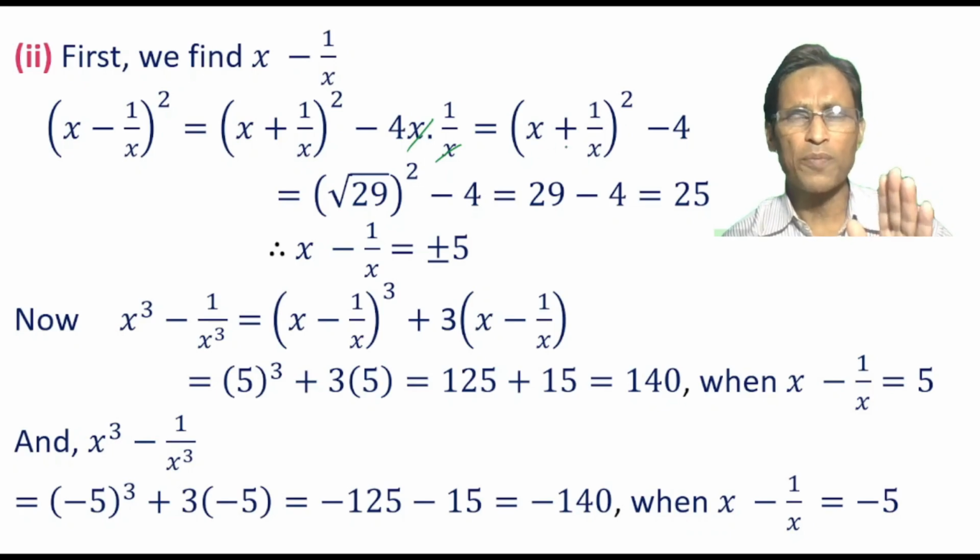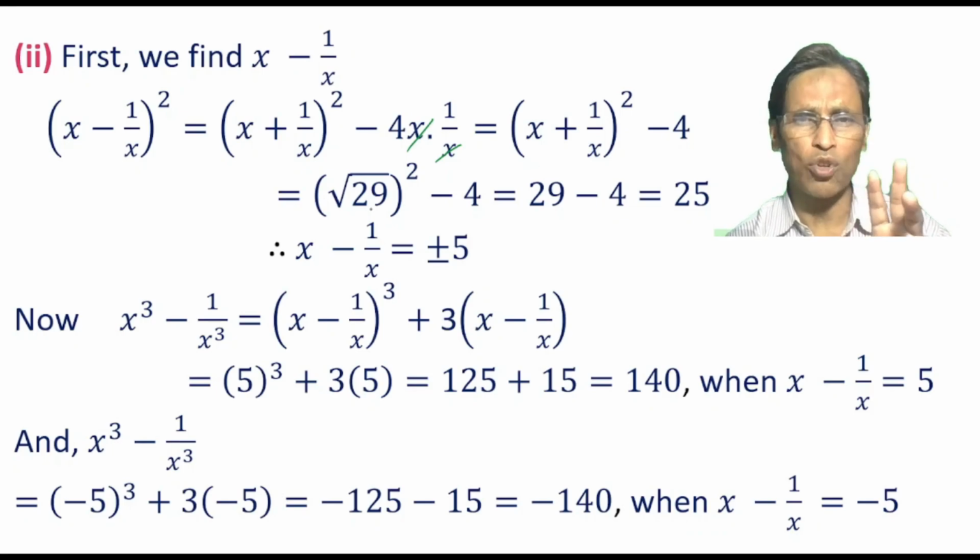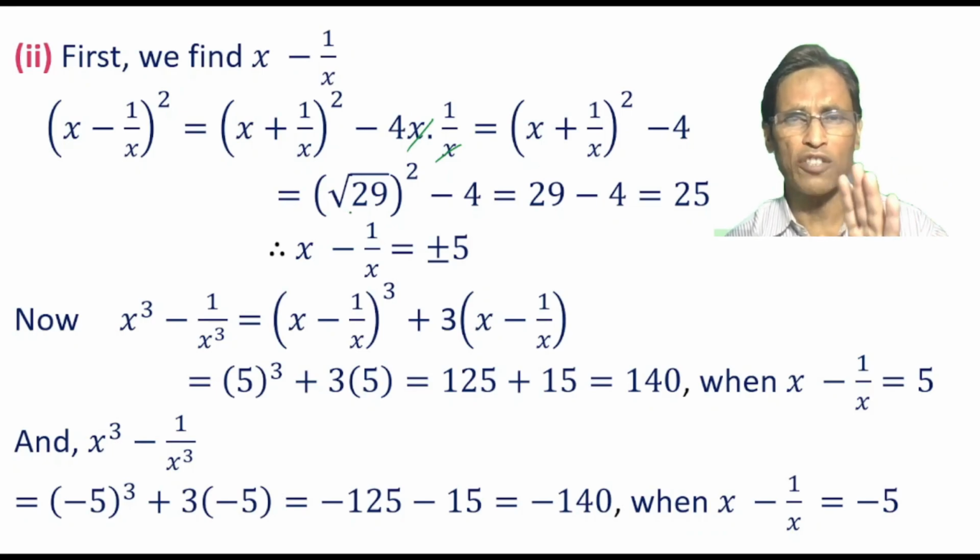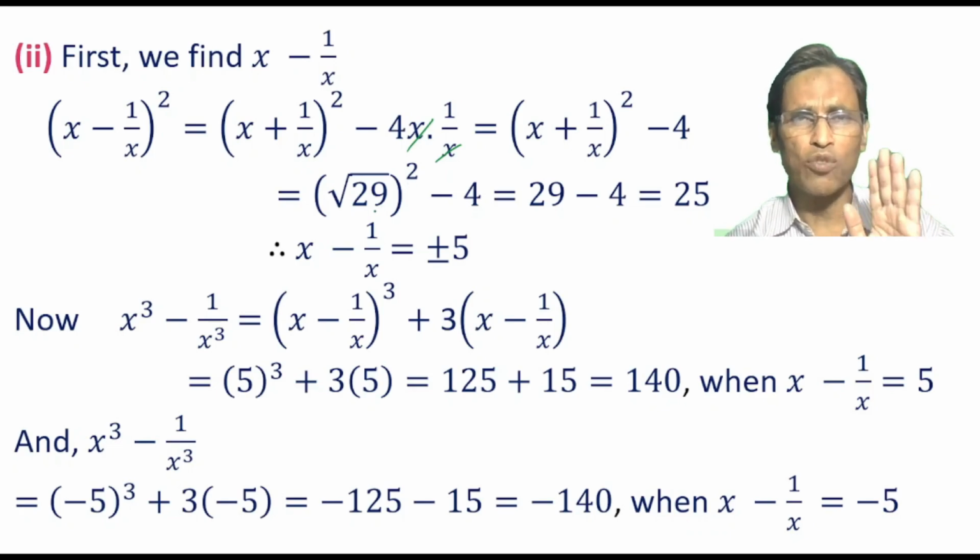Since the value of x plus 1 by x is given in the question as under root 29, we put the value of x plus 1 by x as under root 29. Due to the square, under root 29 comes as 29. Now minus 4 comes as it is. On simplification, 29 minus 4 comes 25.